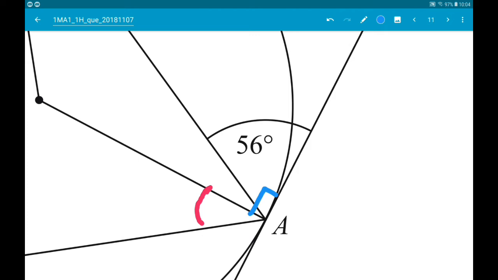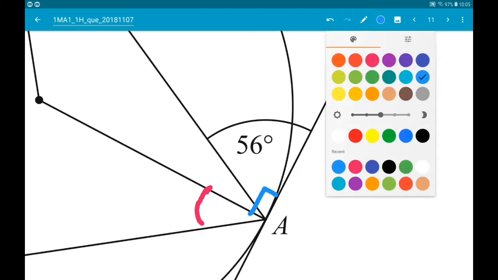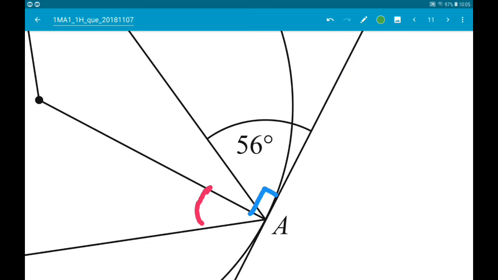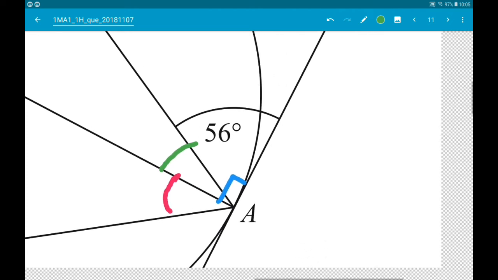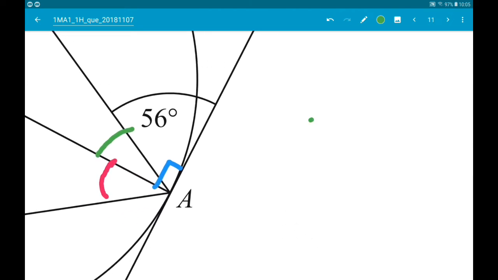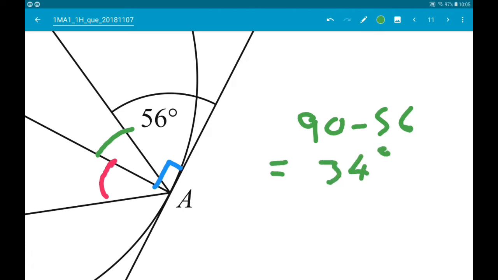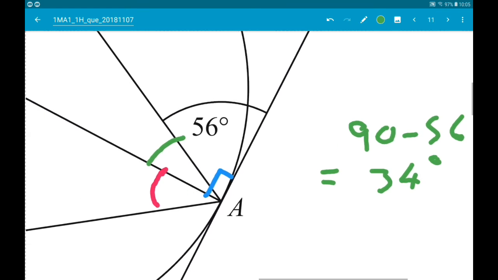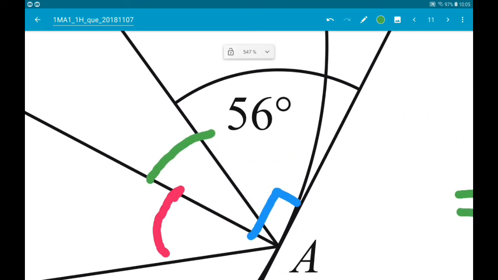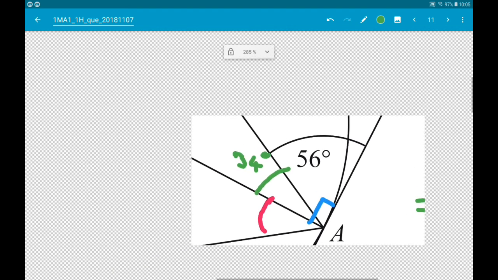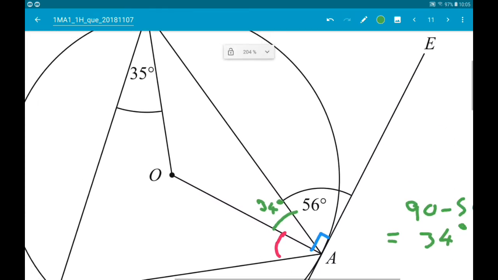Now that allows us to work out this angle. So 90 minus 56 is 34 degrees. So this angle here is 34 degrees.